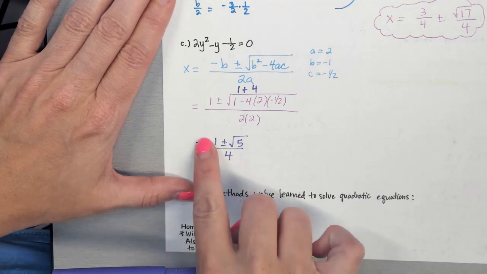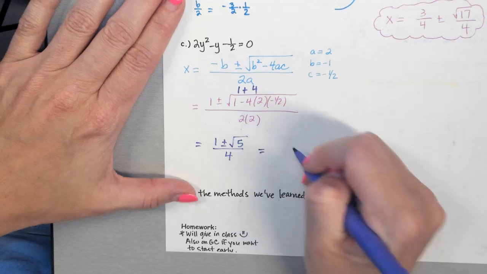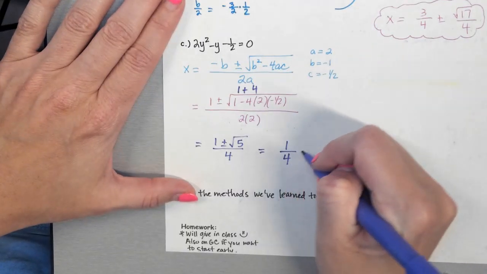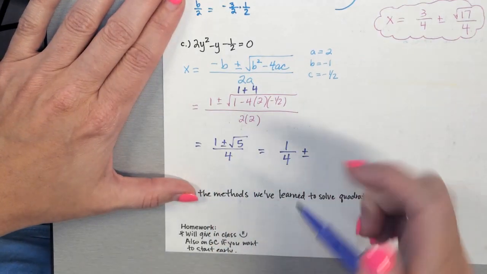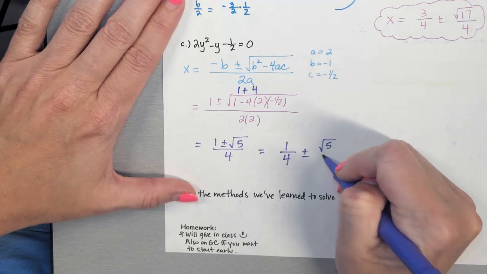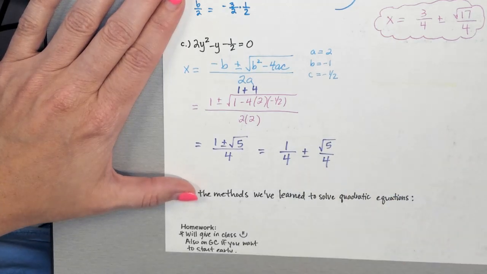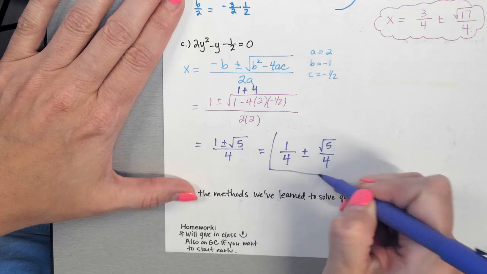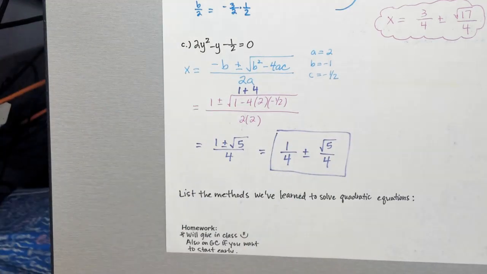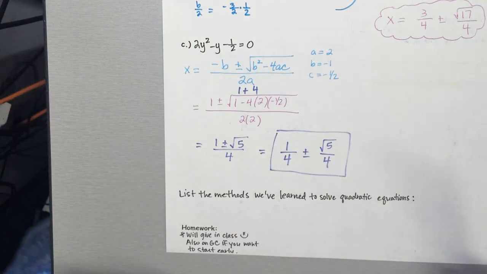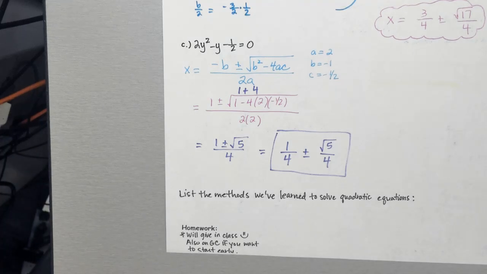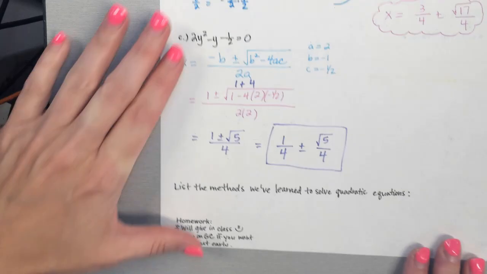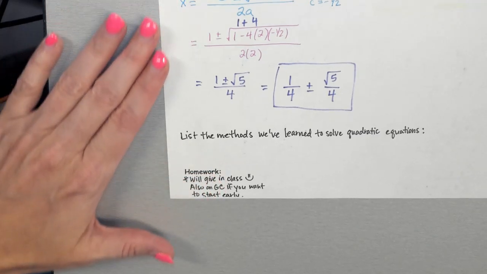Sometimes you're going to be able to simplify. I recommend that you write your answer as these 2 separate terms here. That way, if it does simplify, you can make sure you don't forget to simplify. Sometimes only one will simplify. You always want to reduce.